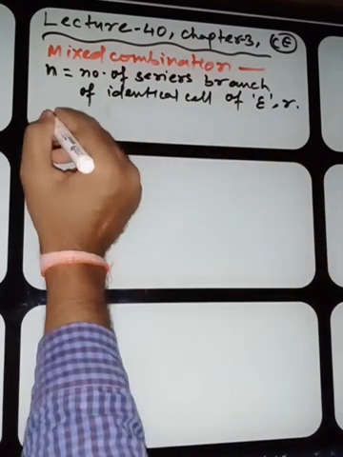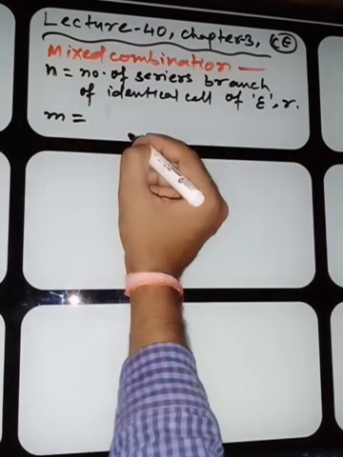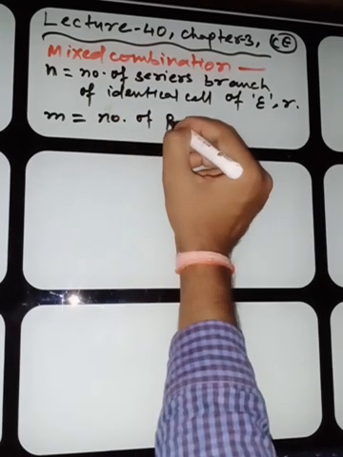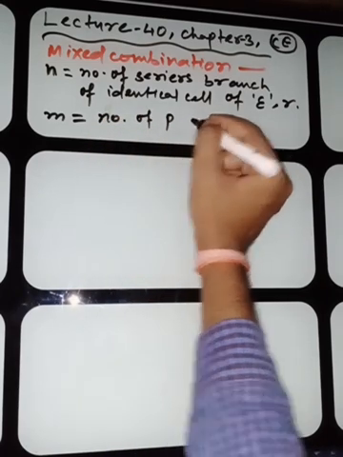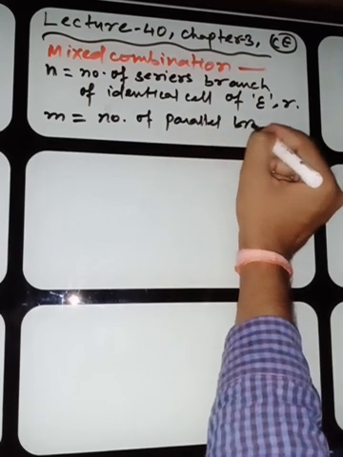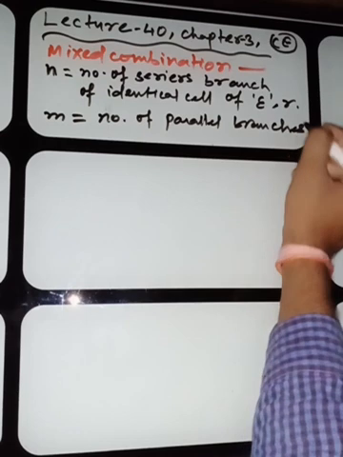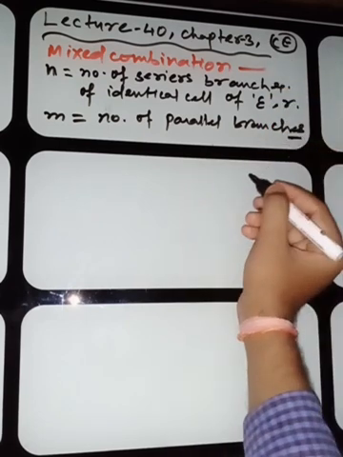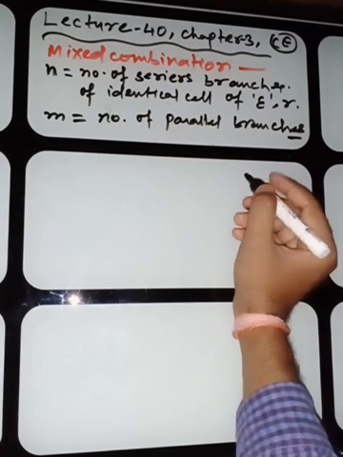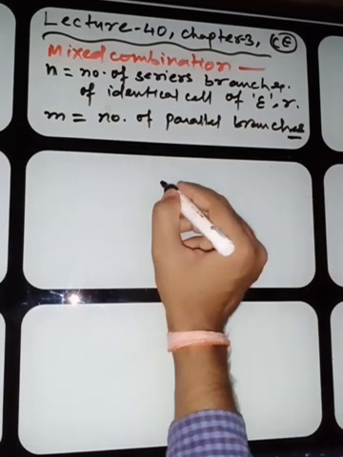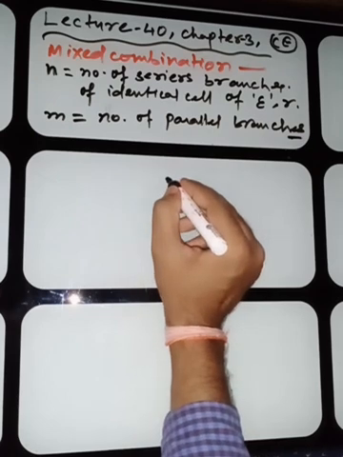And m will be the number of parallel branches. So how will we arrange? Look here in the diagram. We start arranging the cells.